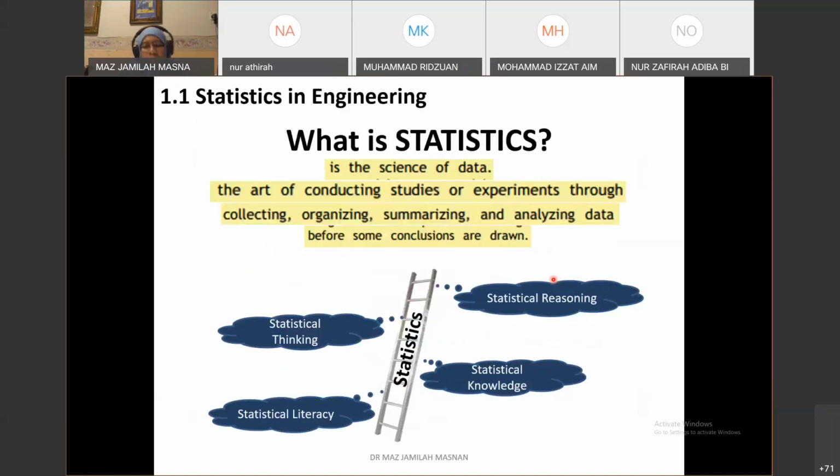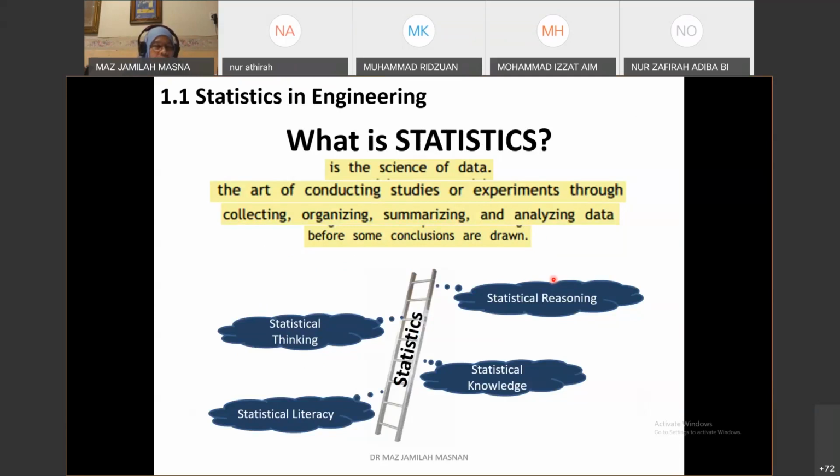Now, what is statistics? We know that you, as an engineer, need statistics to help you with data. How is statistics defined? Statistics is the science of data.